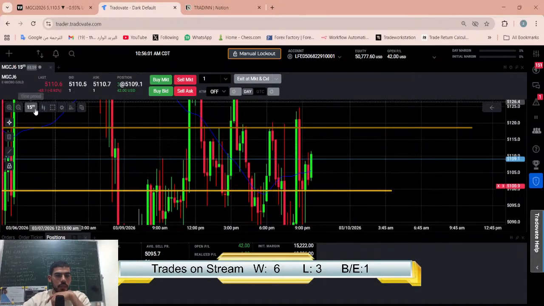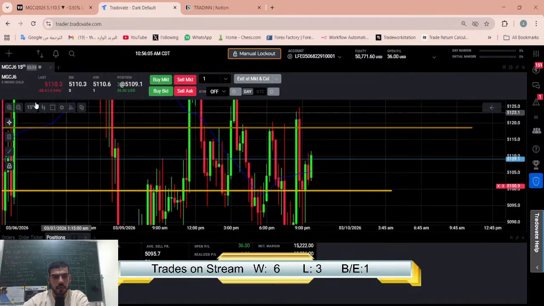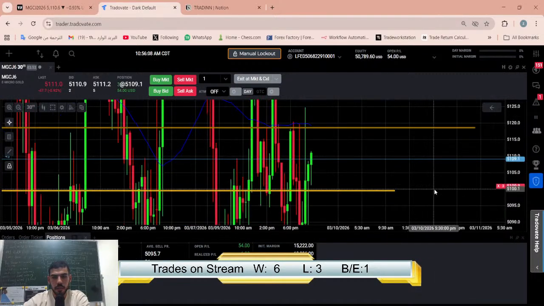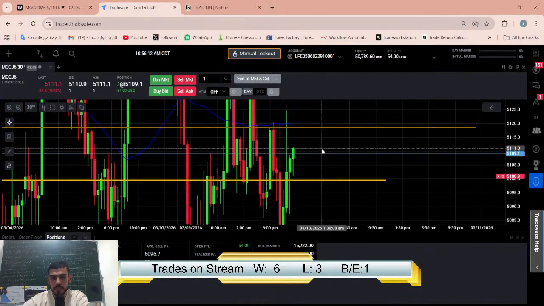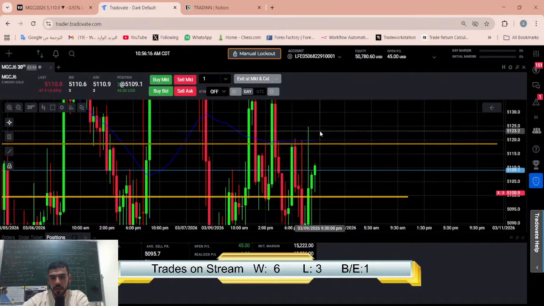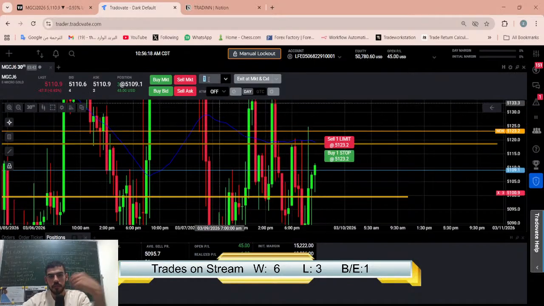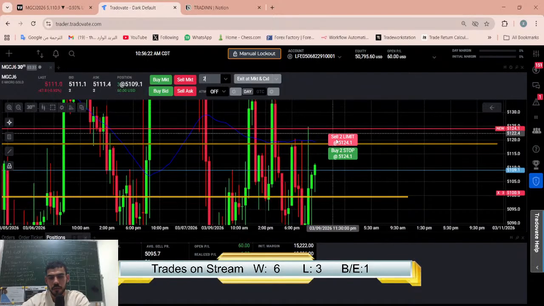Here will be my first take profit. So this is 30 minutes. Let's check 30 minutes, on the wick fill. My first take profit is going to be on the wick fill. Wick fill is right here. Sell to limit.